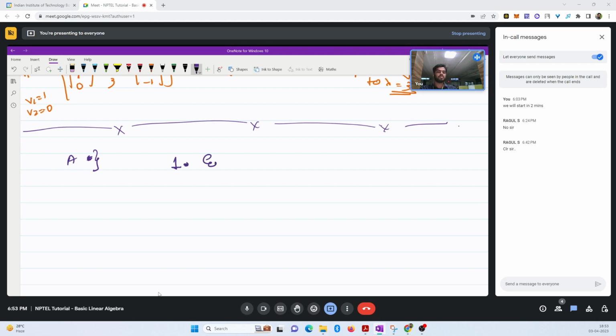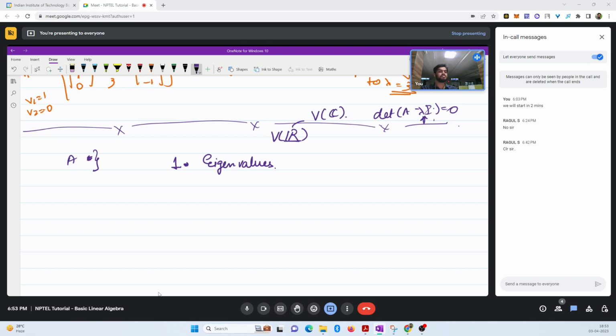You find its eigenvalues. Now let's say this vector space is over the set of real numbers. If it is over the set of complex numbers, then if you try to solve determinant of A minus lambda I equal to 0, you will always get a solution for lambda.